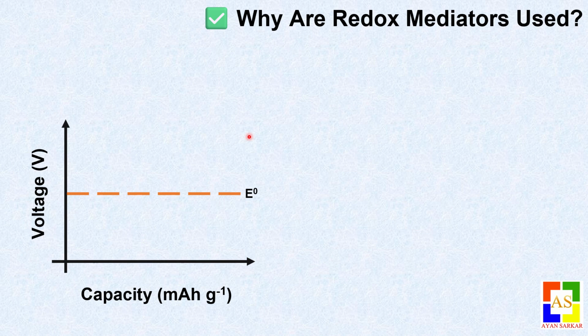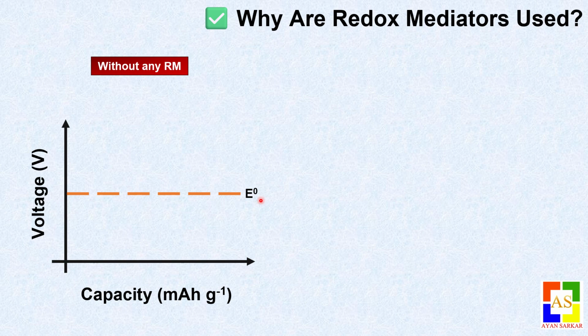So why do we use redox mediators? Here I have drawn some pictures which will help you better understand the process. Without redox mediator, here we have the voltage-capacity curve for a rechargeable lithium-oxygen battery. This is the theoretical cell voltage, which is around 2.8 volts I guess, and this is 2.95 volts for magnesium-oxygen batteries.